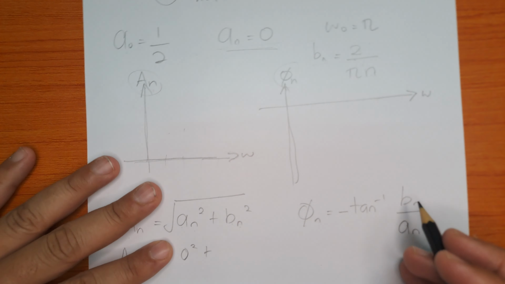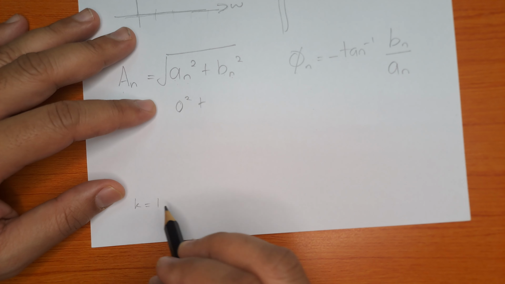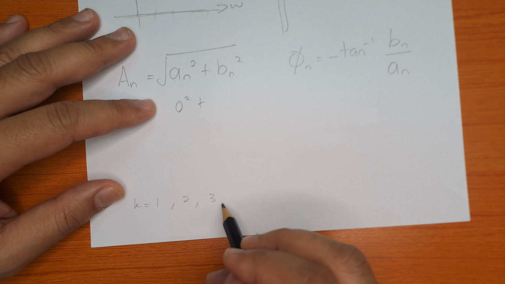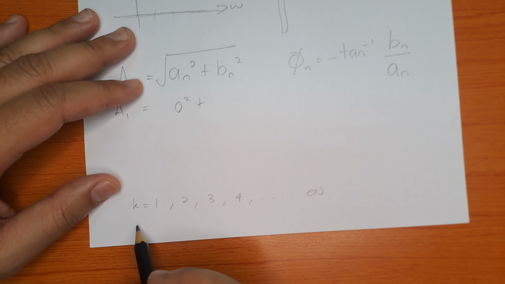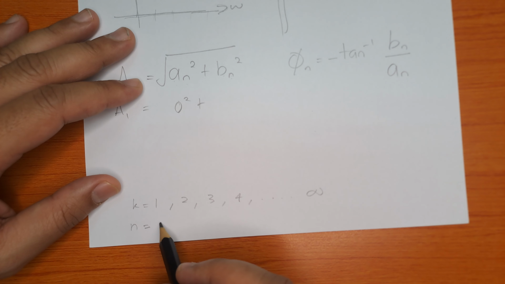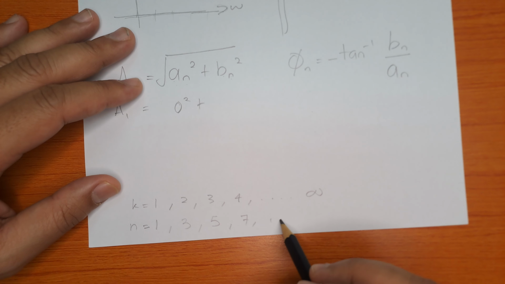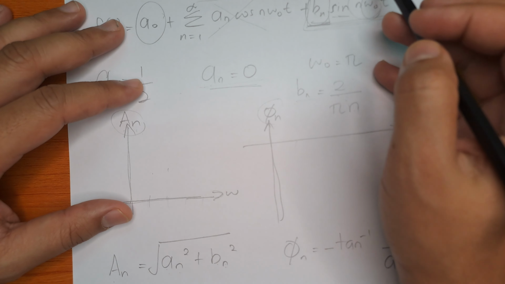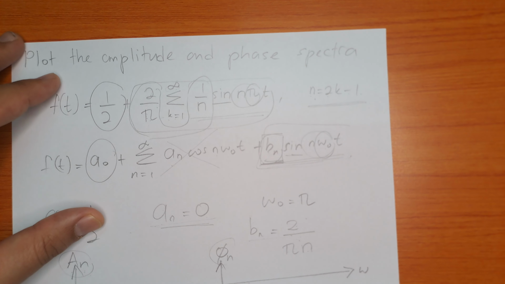So let's write here for k 1, 2, 3, 4 until infinity, our n is 1, 3, 5, 7 until infinity. So how does this value come from? It comes from n equals 2k minus 1.